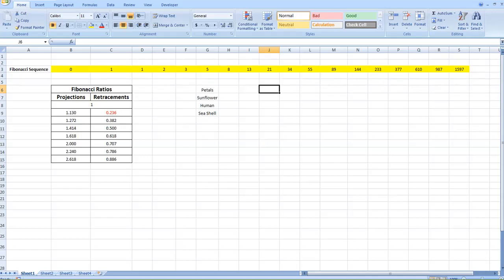So to derive the ratios, after the eighth number, 1, 2, 3, 4, 5, 6, 7, and 8, when you divide any number with its previous number or its next number, you get a ratio: 1.618 approximately, 0.618 approximately.